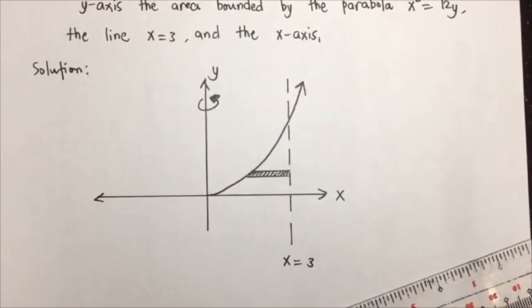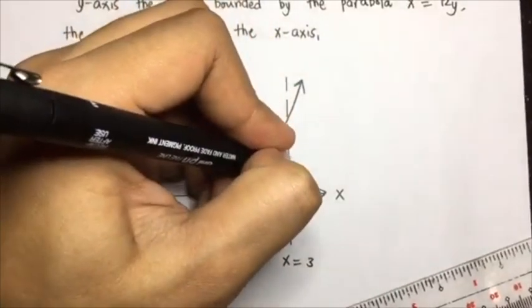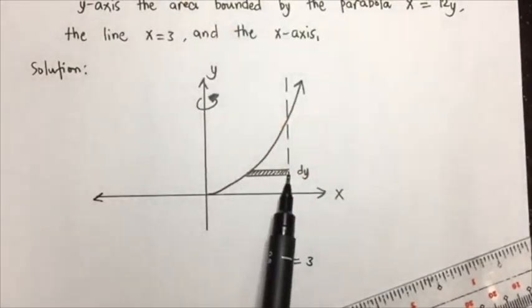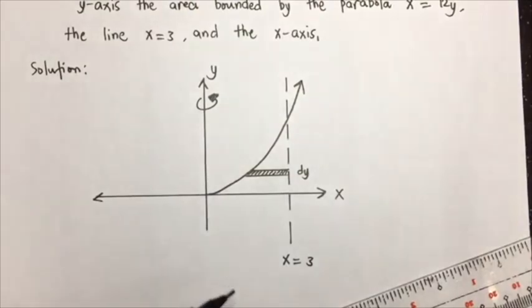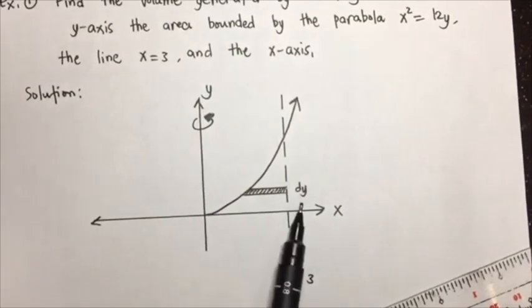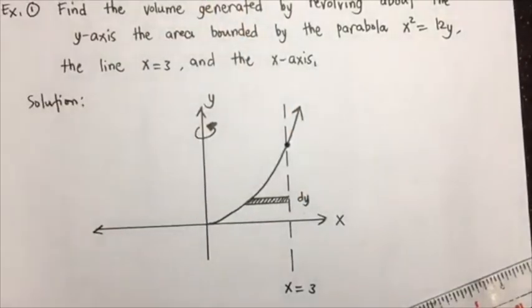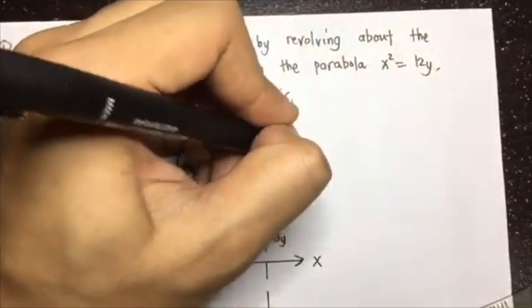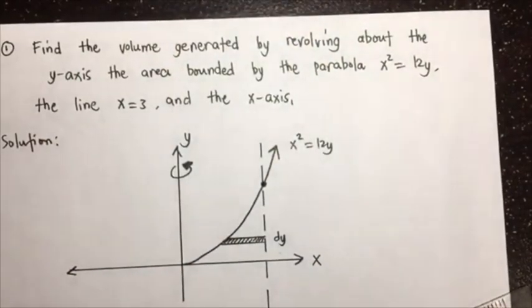Since we will be using a horizontal strip, our differential thickness is dy, so our limits later on must be in terms of y. So we must find the coordinate of the intersection between the parabola x squared is equal to 12y and x is equal to 3.